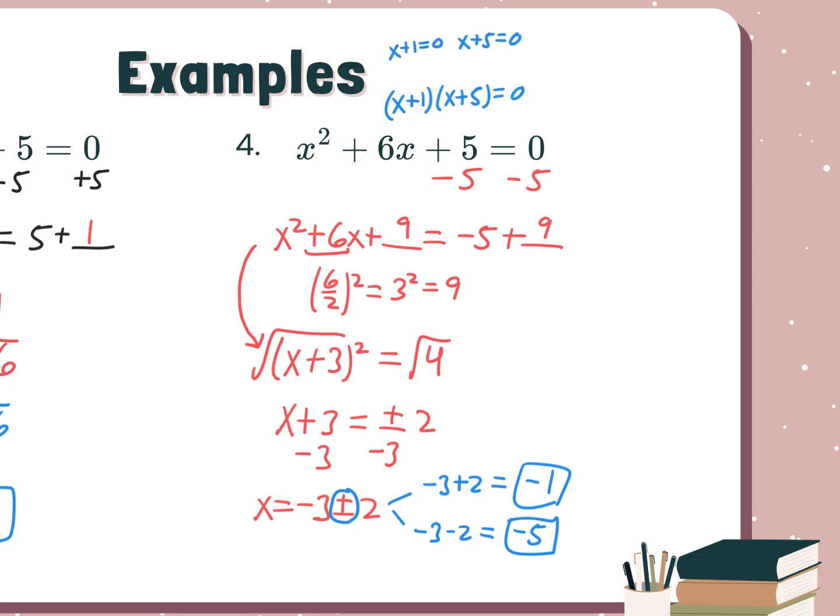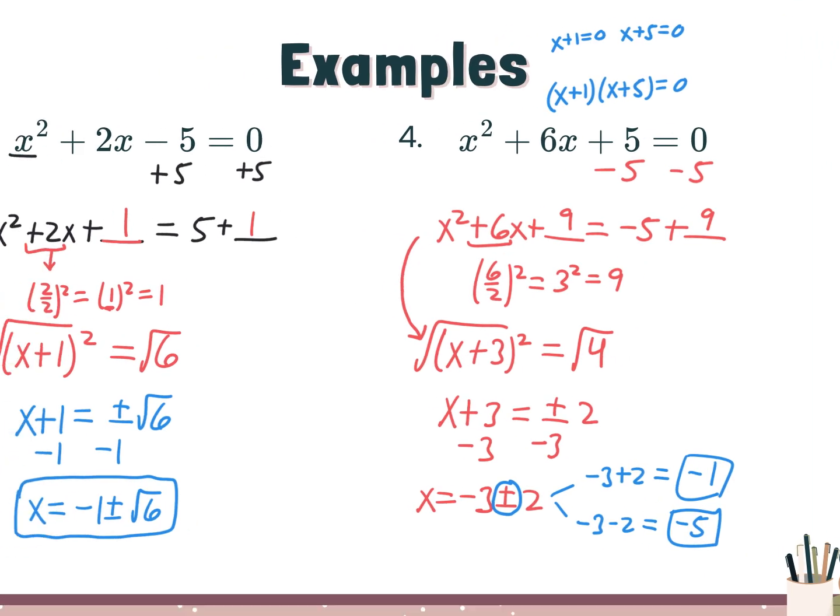Unless we tell you on the test or the quiz to solve by completing the square, you don't have to, and the first thing you should always look for is whether you can factor the expression once it's written in standard form. So that's the only way that it gets a little bit different.